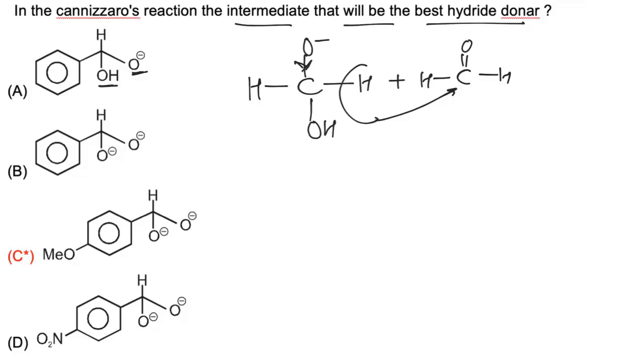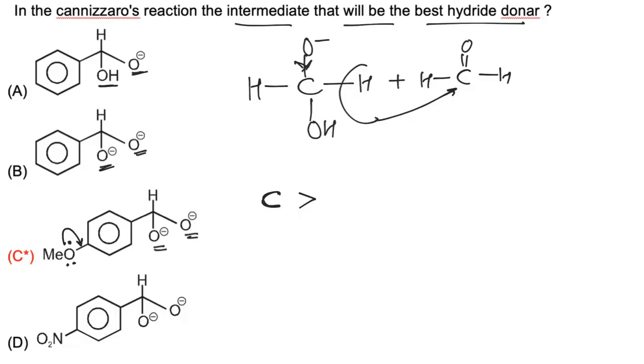In the second case two O negative are present, so two O negative are a better donor. In the third case two O negative are present, and along with the two O negative one methoxy group is present, which is also electron donating, so C will be the most electron donating.